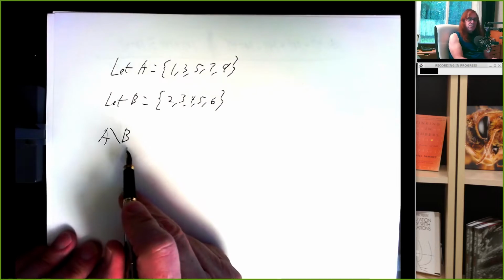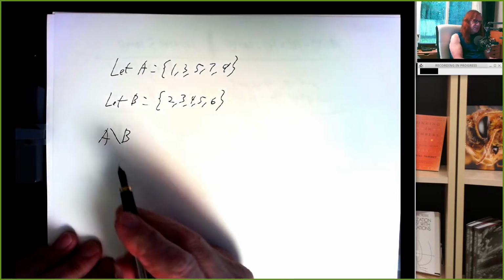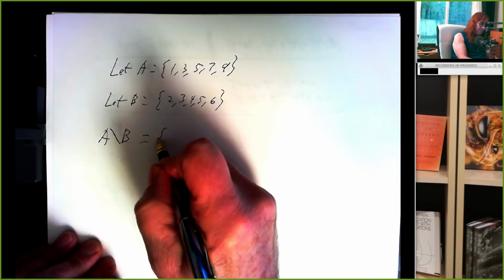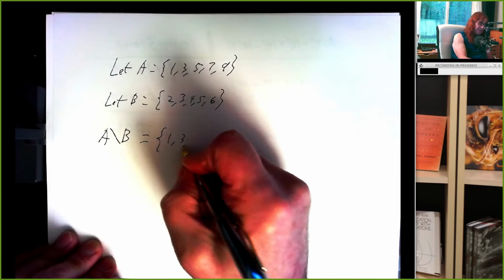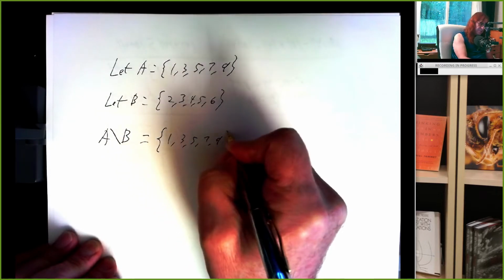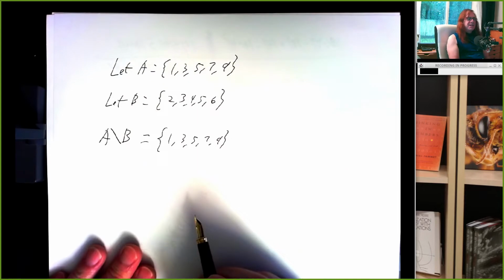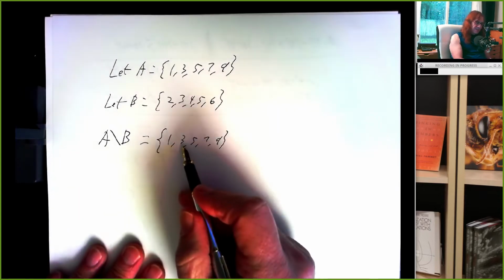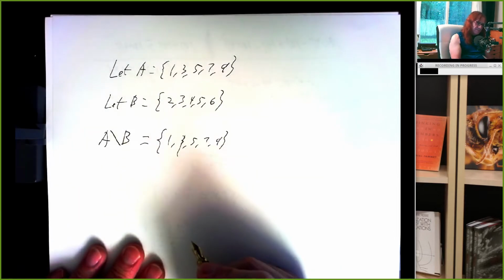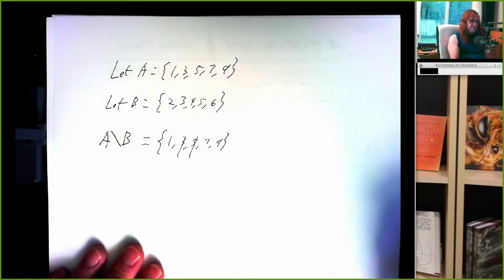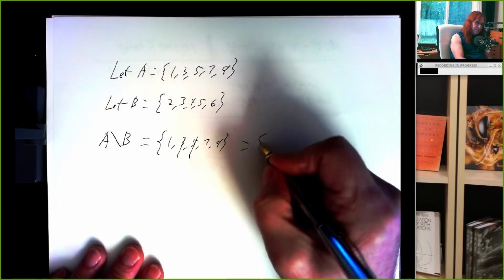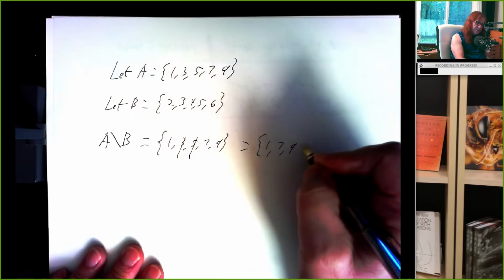So A take away B, the complement of B in A, equals basically the set A, where you throw away anything that's also in B. So for example, the 3 gets tossed out, and the 5 gets tossed out. So A minus B would just be 1, 7, 9.